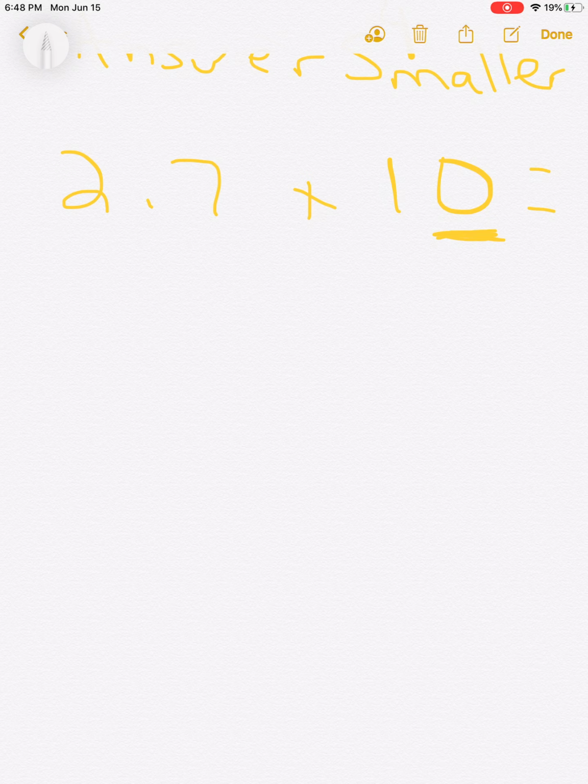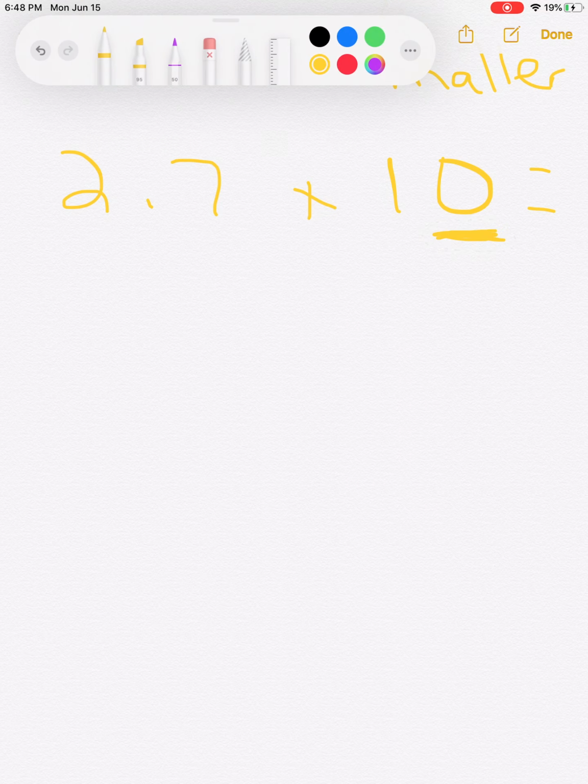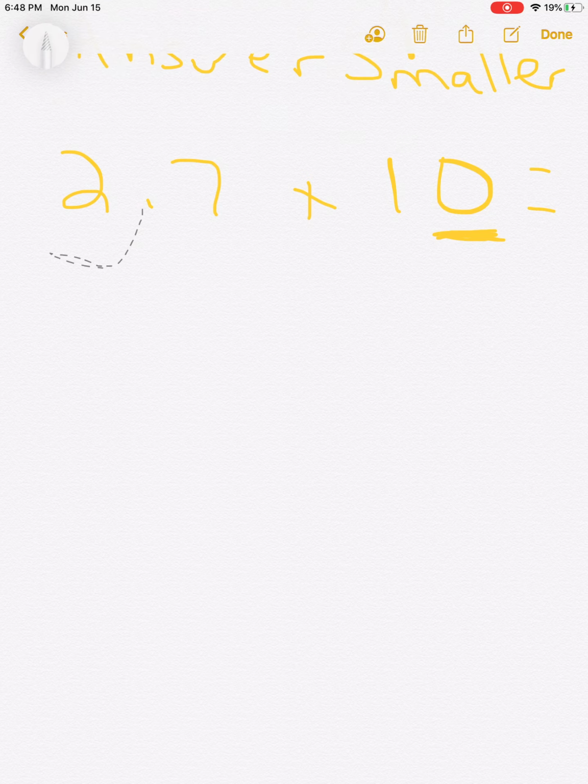So the first step is to count how many zeros. We have one 0 in our base 10 number. That means we get to move the decimal one place value. But the question is where? If I move the decimal this way, the number becomes 27. 27 is much larger than 2.7.